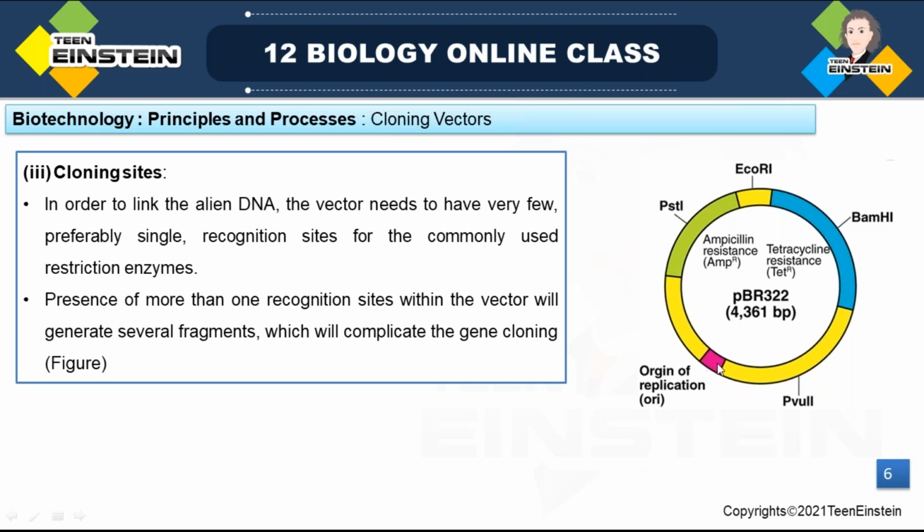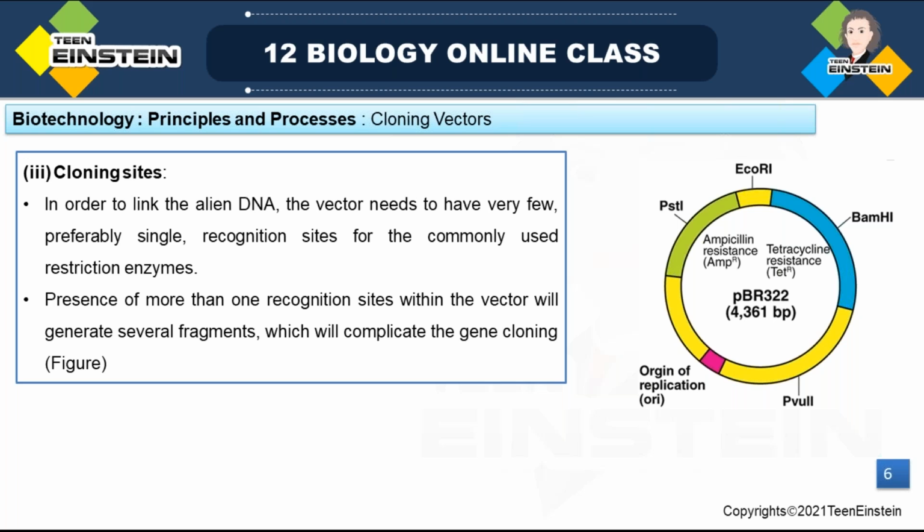So here you can see origin of replication, then ampicillin resistance, tetracycline resistance, two resistant genes you can see. Next, what we said, cloning site. Cloning site means the site where DNA is inserted into a vector.